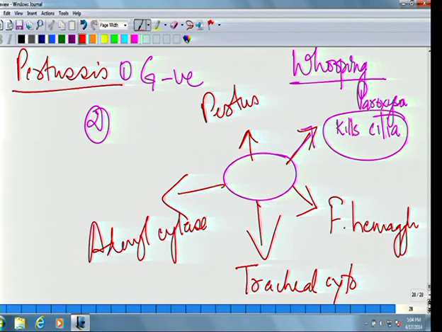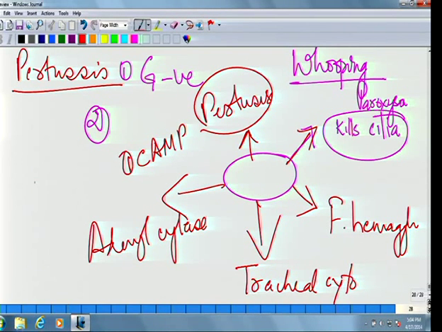What does it do? Yes, it causes elevation of cyclic AMP. Not only that, it also causes lymphocytosis. You see lots of lymphocytes in the peripheral blood.